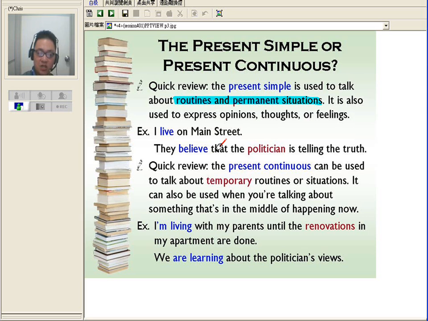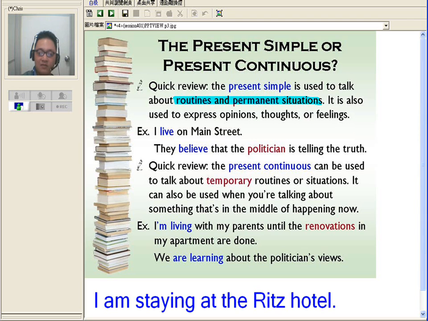Remember that present continuous is only referring to something that is happening now. You can say, if you really want to, I am staying at the Ritz Hotel, because staying at the Ritz Hotel is something that's happening at the moment temporarily.